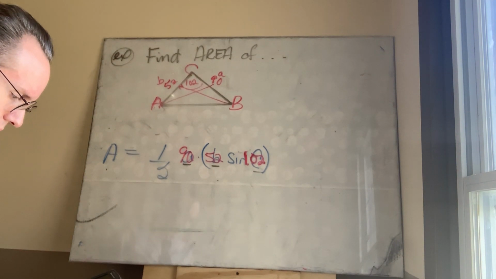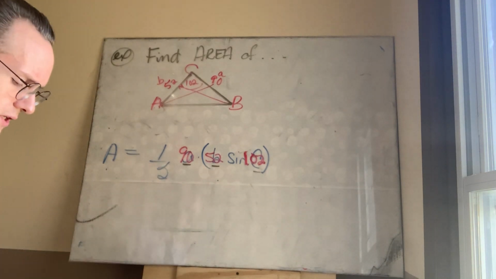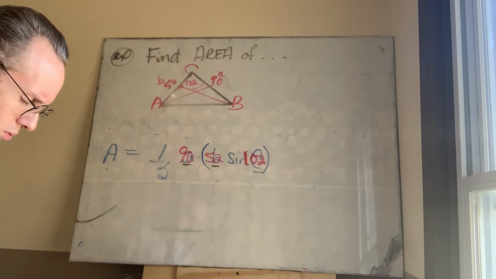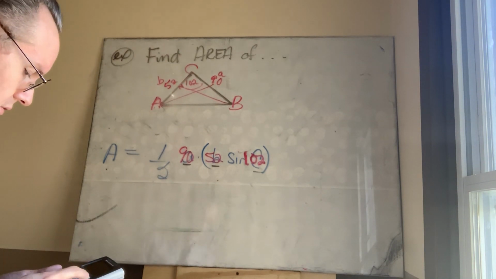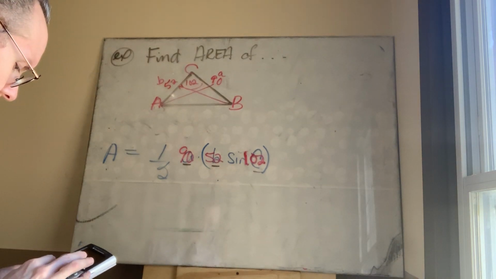So to enter this nicely, you could use 1/2 in the intuitive fashion, or you could use 0.5 times 90 times sine of 102. I would be careful about the rest of it. You don't really need that parentheses there, but do be careful.